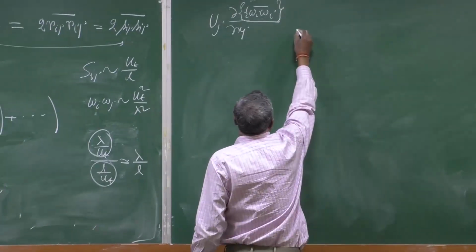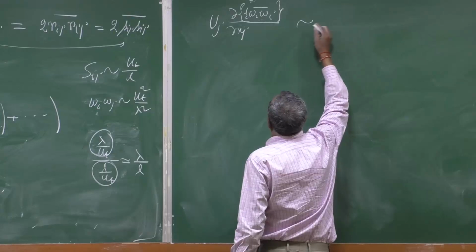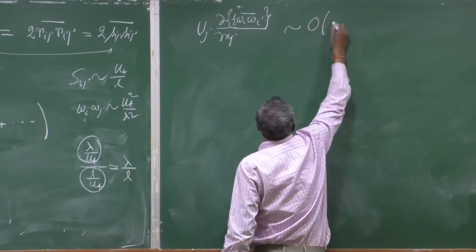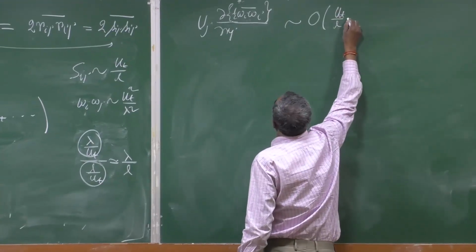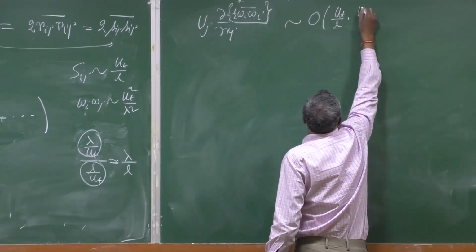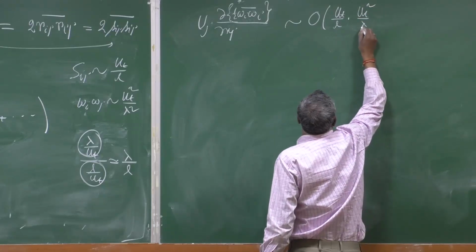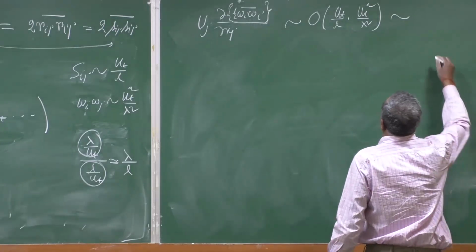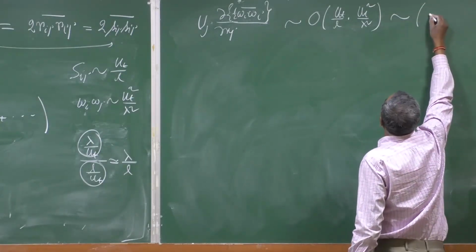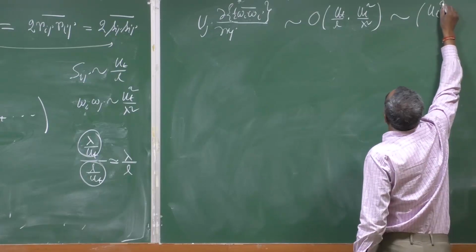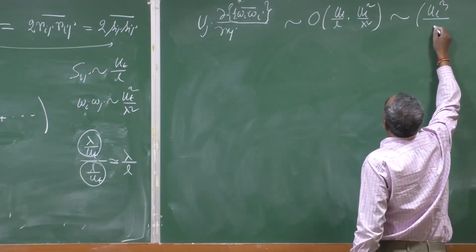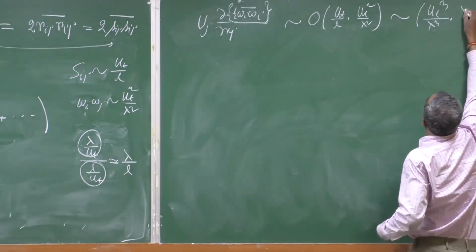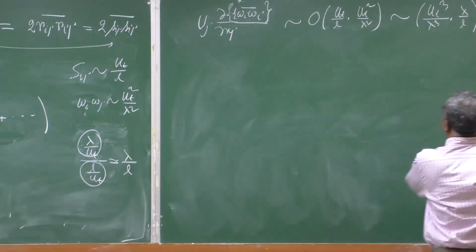Okay. So, the order of magnitude of this particular term is going to be the order of magnitude of this term. So, this is u_t by L into u_t square by lambda square, which can be written as u_t cube by lambda cube into lambda by L, okay.